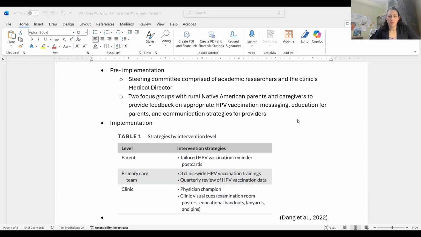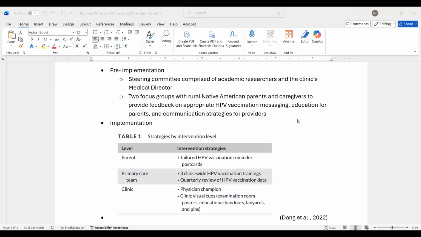Any thoughts on what might be appropriate for this, to do cluster randomization or stepped wedge or some of those other approaches that we talked about? So kind of just feeding off what we were just talking about, I think that the smart design could potentially work for this.